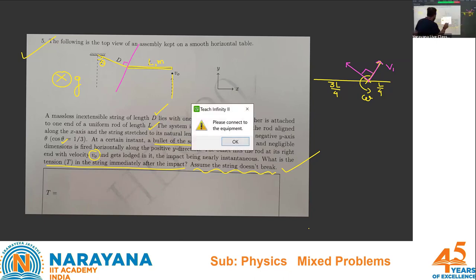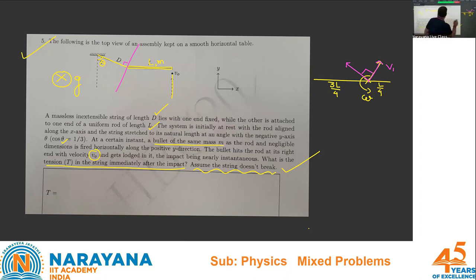And we understand that the angle is theta, so the angle it is making with the horizontal is theta. These terms, v1, v2, whatever, are not relevant for me. I'll finally eliminate all these things.